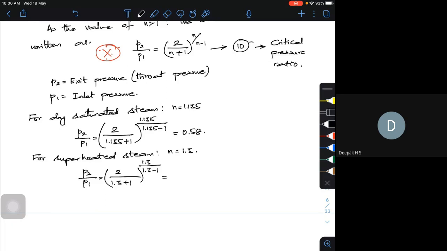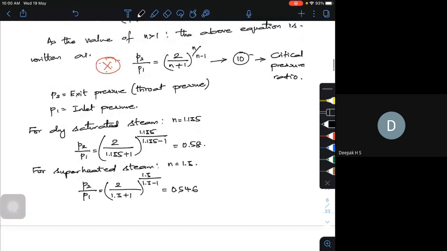If I substitute, I am getting around 0.46. So the critical pressure ratio I am getting is 0.58 for dry steam, and for superheated steam around 0.446.